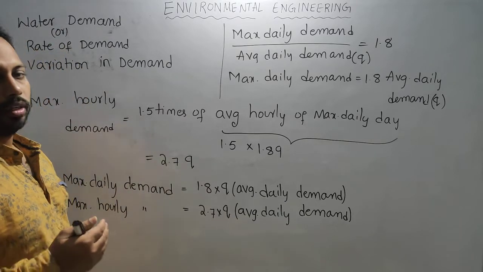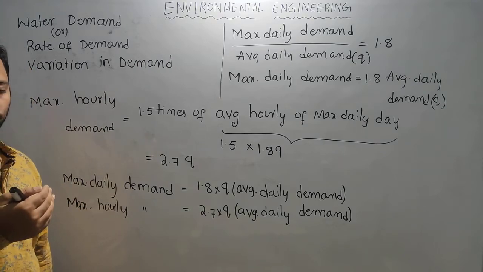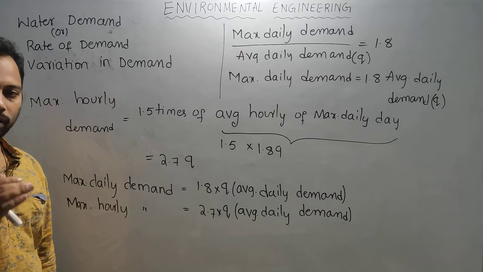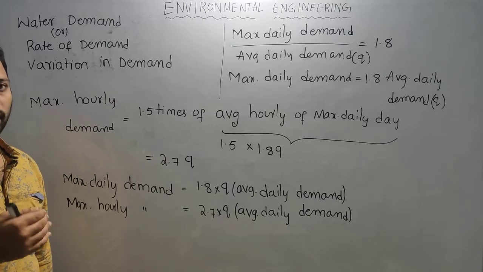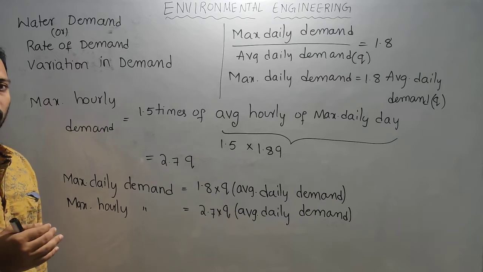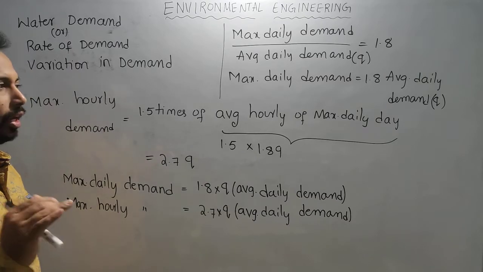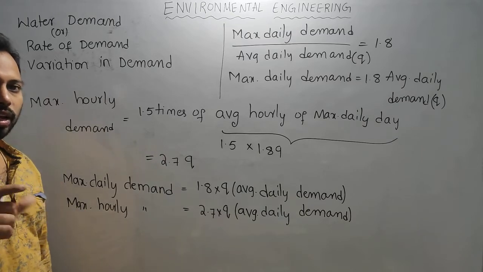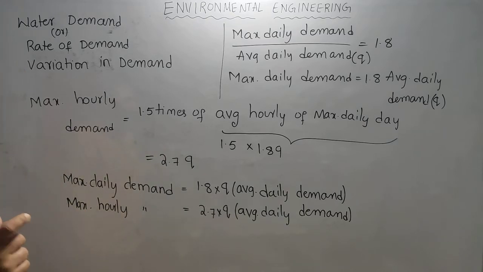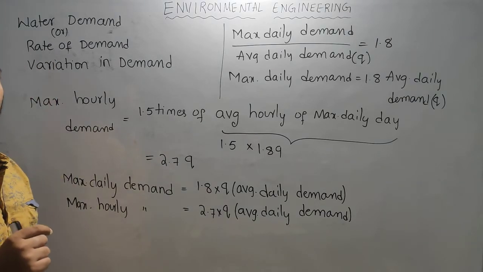Whenever we are having different daily demands, one day you will be having the maximum daily demand. On that maximum daily day, what is the average hourly? If you have the total daily demand, that means the demand for 24 hours.